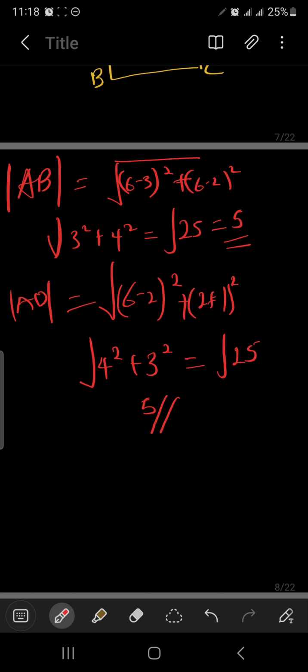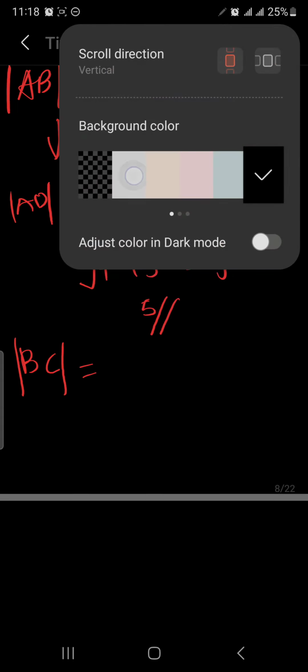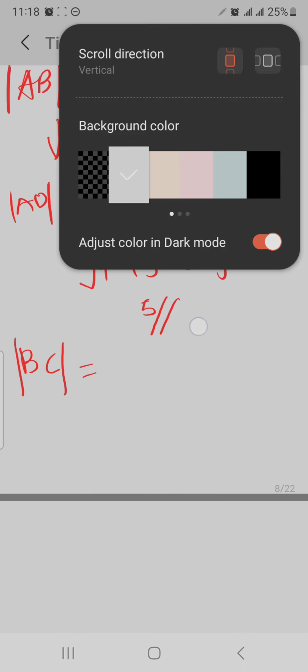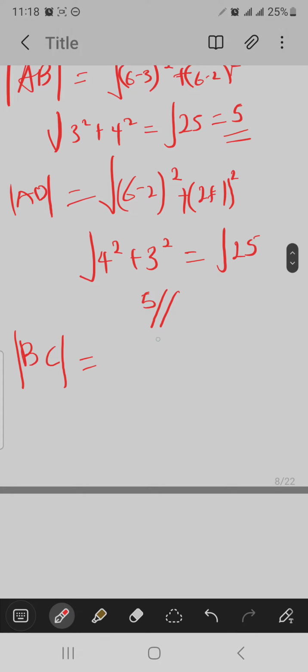After AD, what's next? I'll pick BC. So BC will be equal to the square root of 3 plus 1 all squared plus 6 minus 3 all squared.